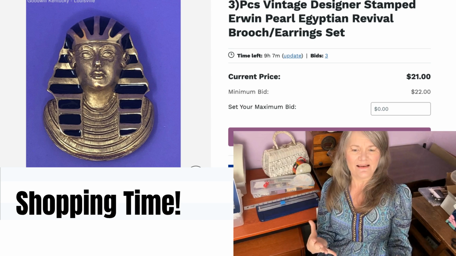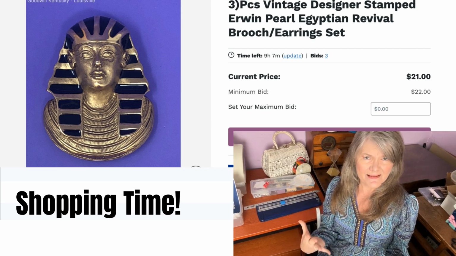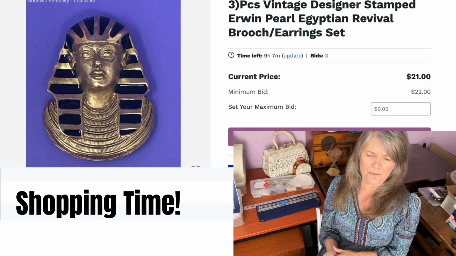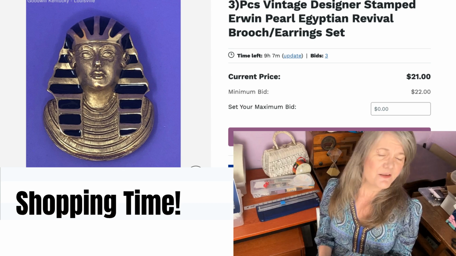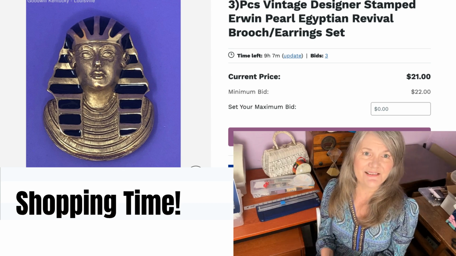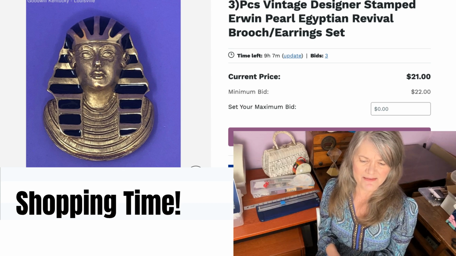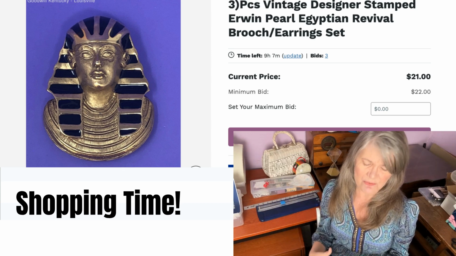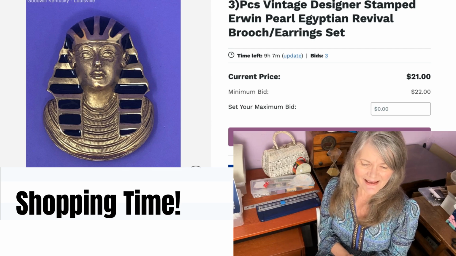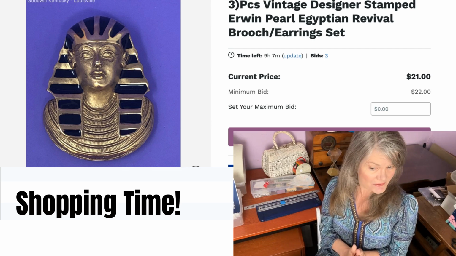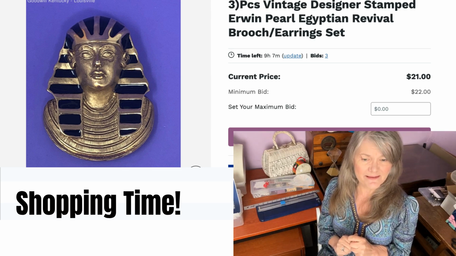You're looking online for something to sell, and let's say you land on Shop Goodwill. You're looking for brooches, and you come across a great Egyptian revival brooch with matching earrings, and you see that it's $21 and you think, ooh, that looks like a pretty good price.